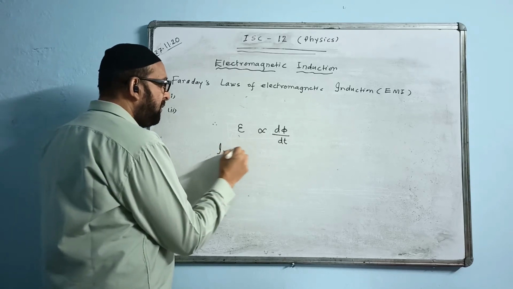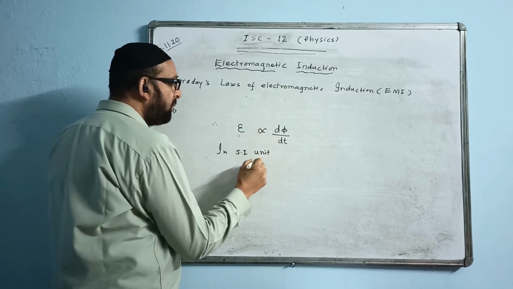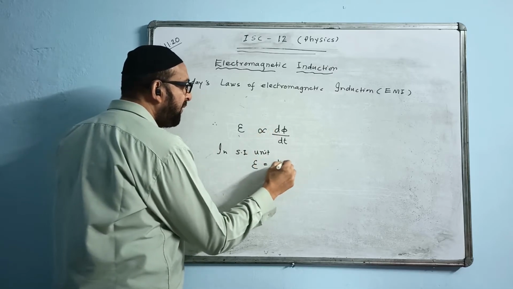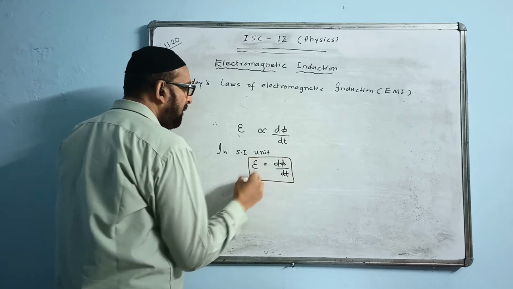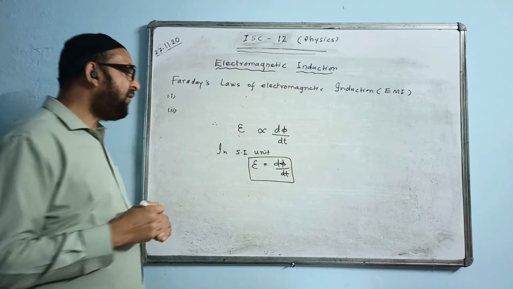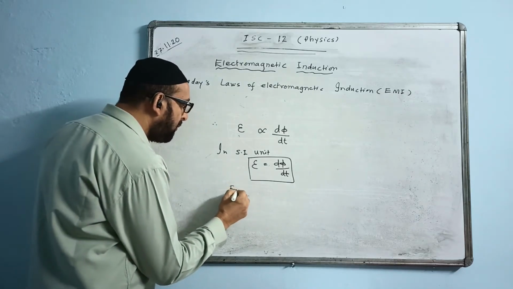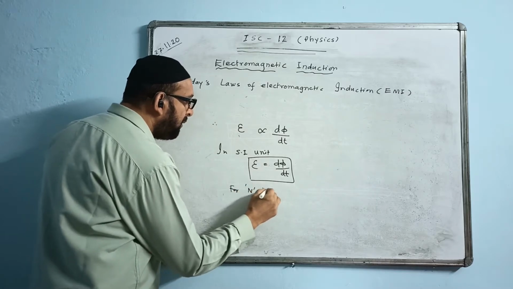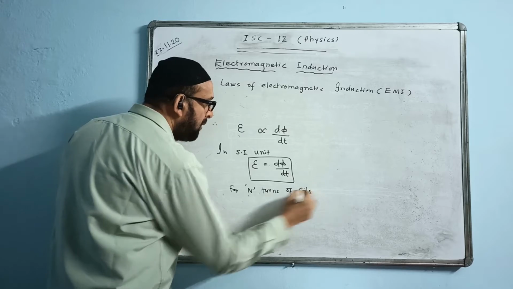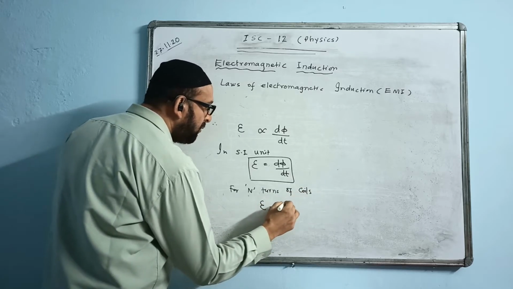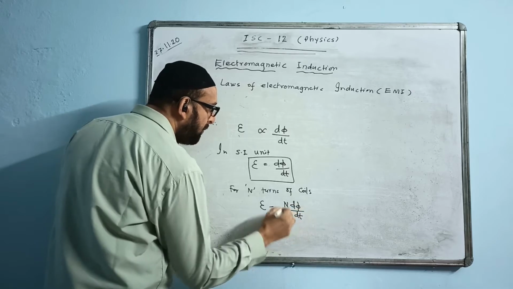Right below this, in SI unit, the constant value is 1, so we will be writing E equal to d phi by dt. E means the EMF. Here, for n turns of coils, the total EMF will be equal to n d phi by dt.